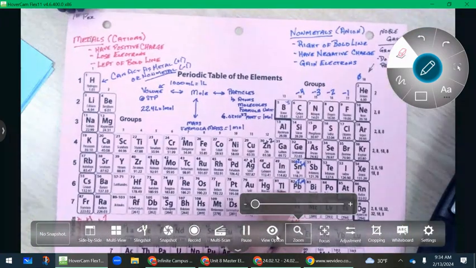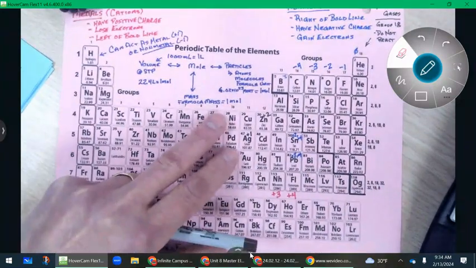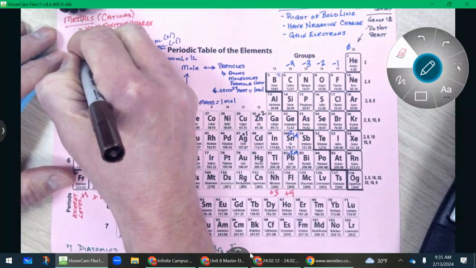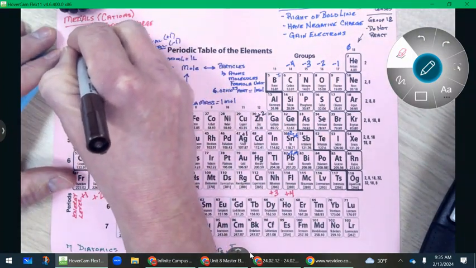The periodic table is going to help you with a lot of what we are about to do, ladies and gentlemen, but it can only help you if you have certain things on it. So right here by group 1 at the top above hydrogen, I am going to put S1.